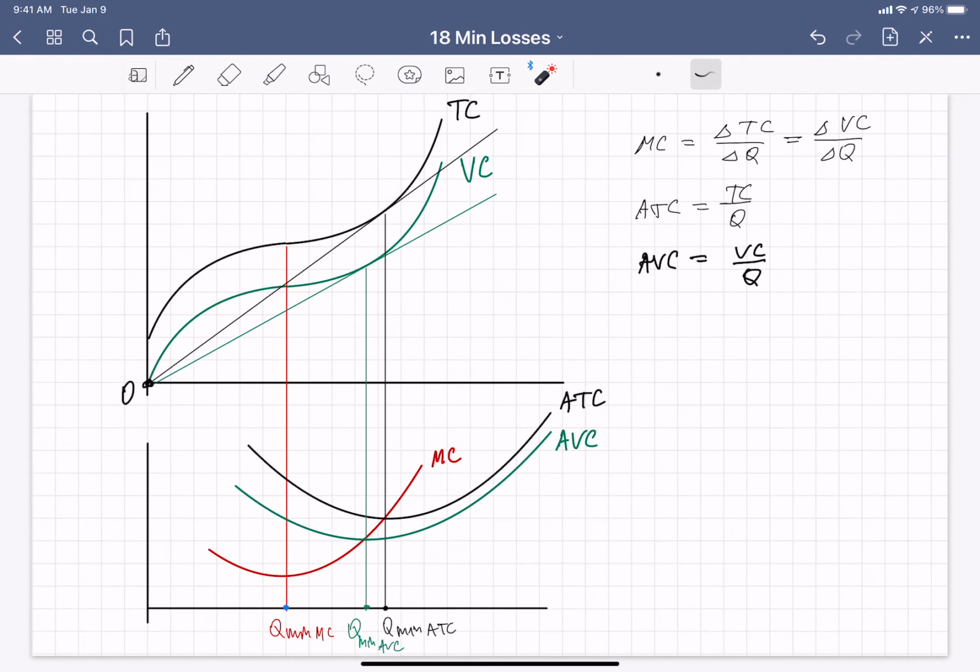Thus, we can trace our average total cost as the slope of those lines that connect the origin of the diagram to whatever point we pick on our total cost curve. So we're going to do the same thing we did with the marginal cost curve, which is to trace the slope of those lines and see how they behave.